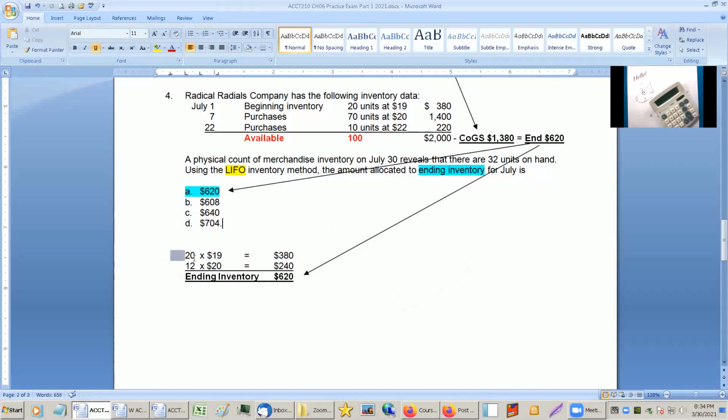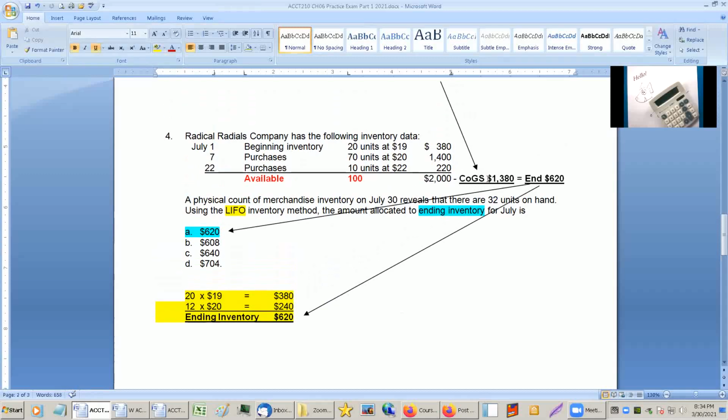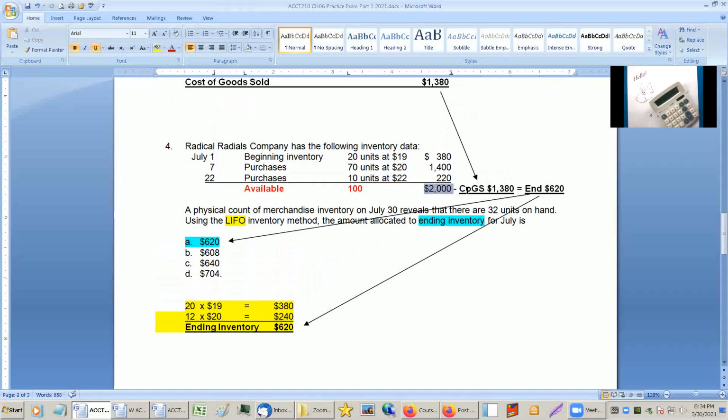So you can multiply it out. So this is one method, or you could simply say, okay, if we had 2,000 available and we sold 1380, the rest of it must be whatever's left over. So these were the ones that were sold, and these were not sold.